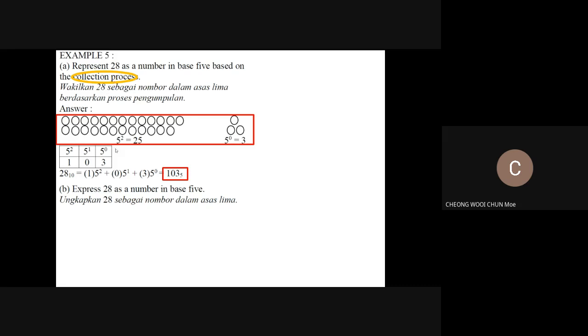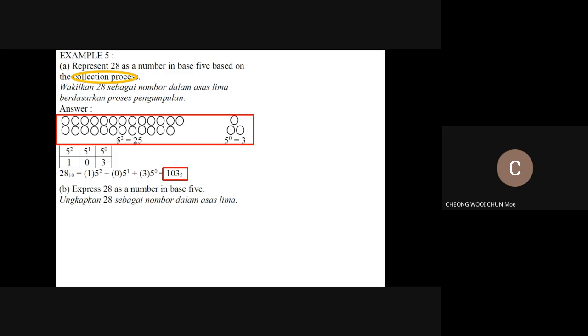Because I know 5 power 2 is 25, less than 28. 5 power 3 is 125, which is more than 28. Cannot use 5 power 3. We must use 5 power 2 maximum. So 5 power 2, 25. So we must have 25.